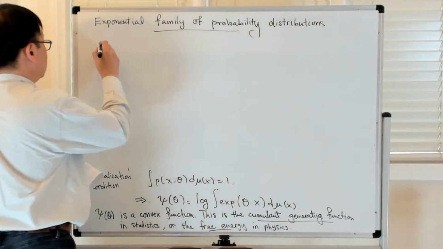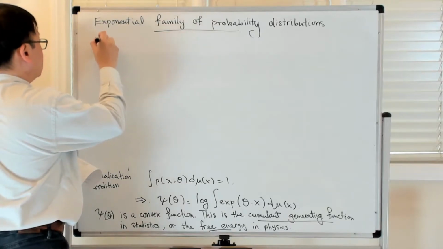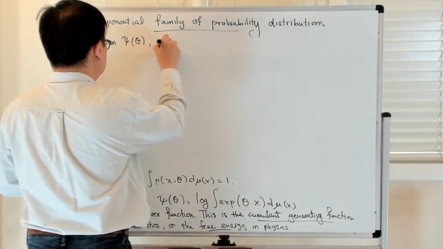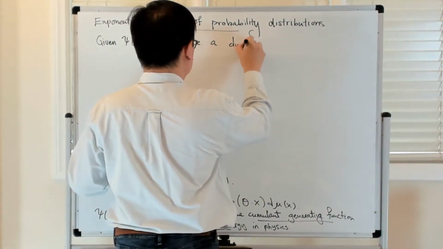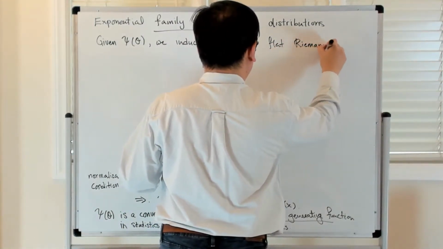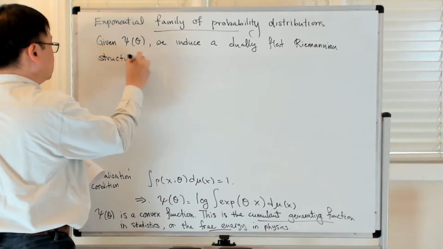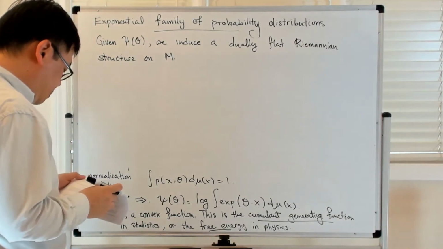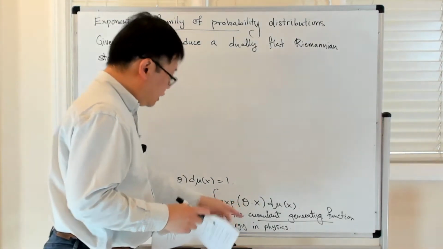Okay, so given this free energy, we induce a dually flat Riemannian structure on this manifold M, which is the exponential family. The coordinates are theta, as we discussed.